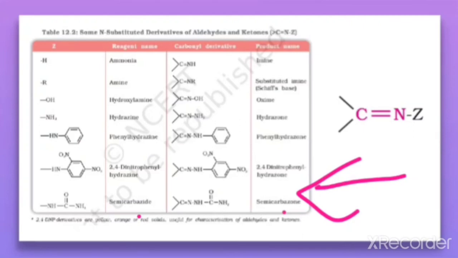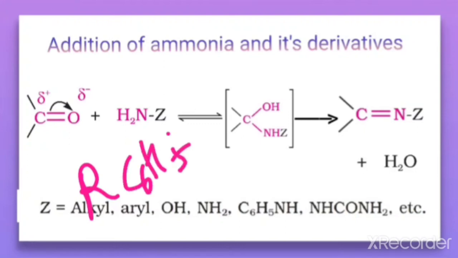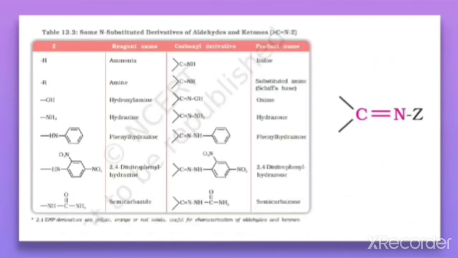Once you learn the general equation, in the place of Z you can keep an alkyl group R, an aryl group C6H5, OH, NH2, anything, and you can frame the product in this way. But the names of the products and reagents are given in this tabular form.